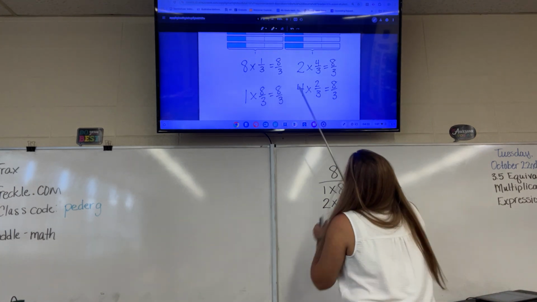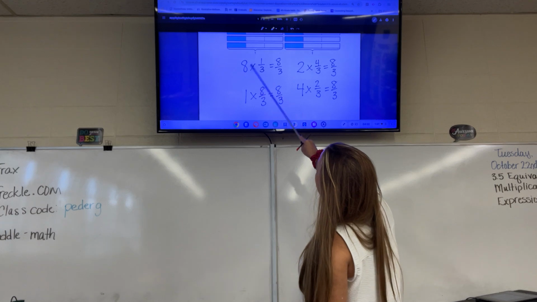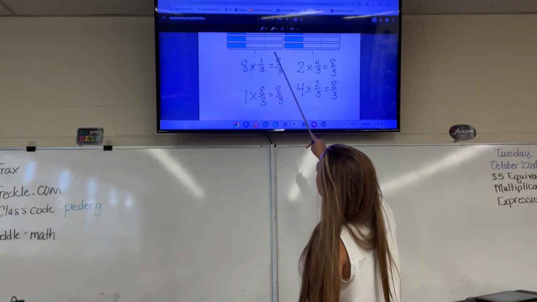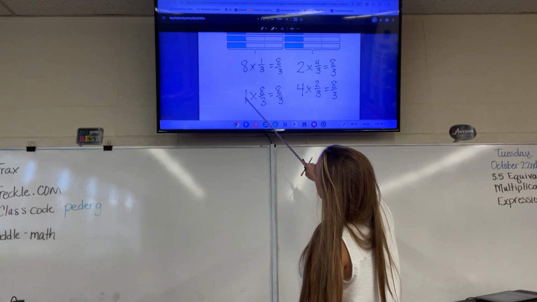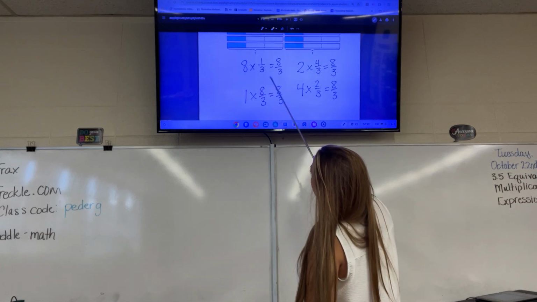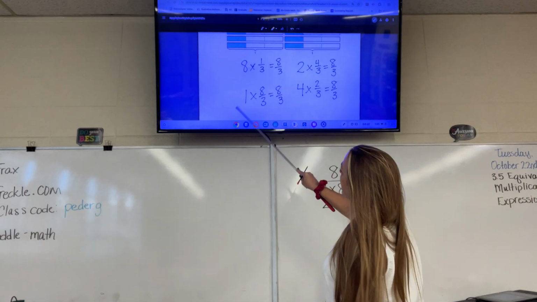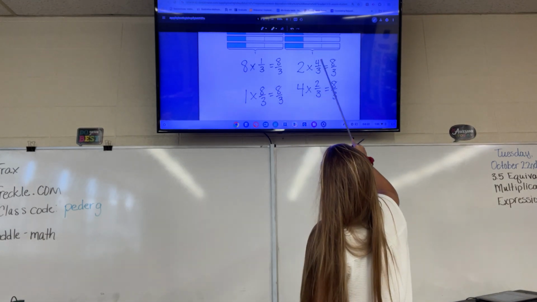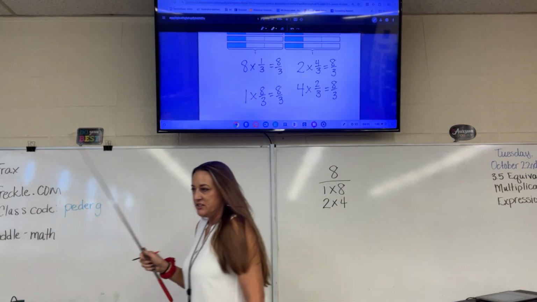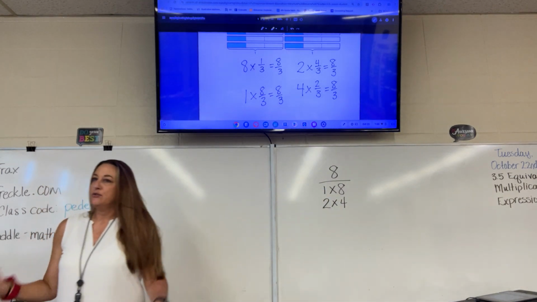Do you guys see how here the whole number was 8 and the numerator was 1? 8 times 1 is 8. Here the whole number was 1, the numerator was 8. 1 times 8 is 8. We flip-flop the places, right? Here we did 2 times 4. Here we did 4 times 2. Do you see how that works? So we can use them all that way.